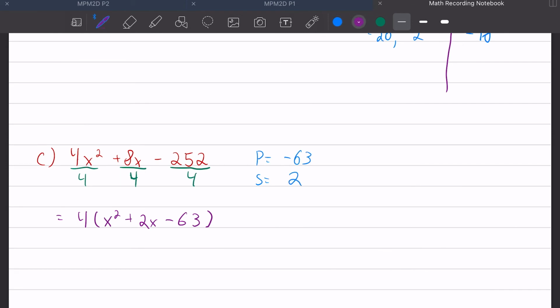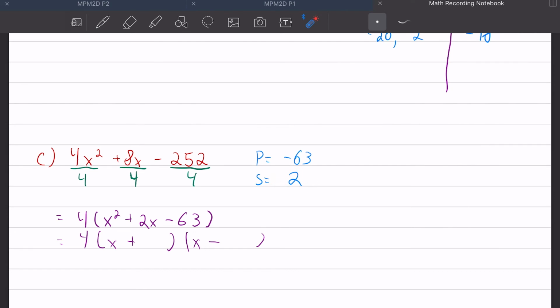Excellent. So now that we know this, we can already start looking at some information that we know. Since our product is negative, we know that we're going to have a negative and a positive number. So we can start setting up our brackets already. We have x plus something and x minus something. Now looking at our sum, we see that this is a positive 2.